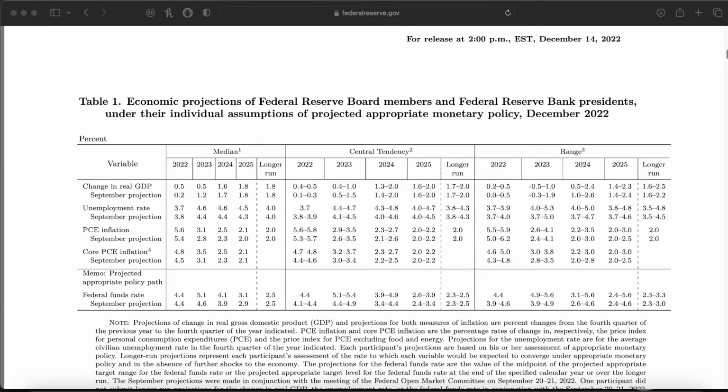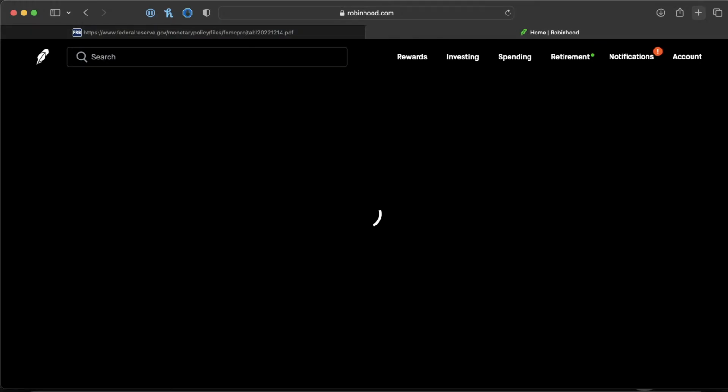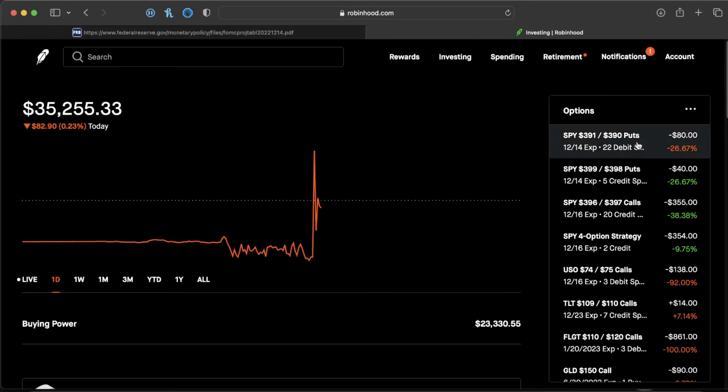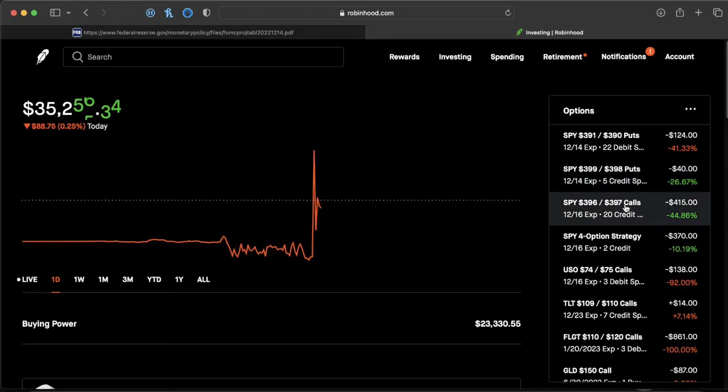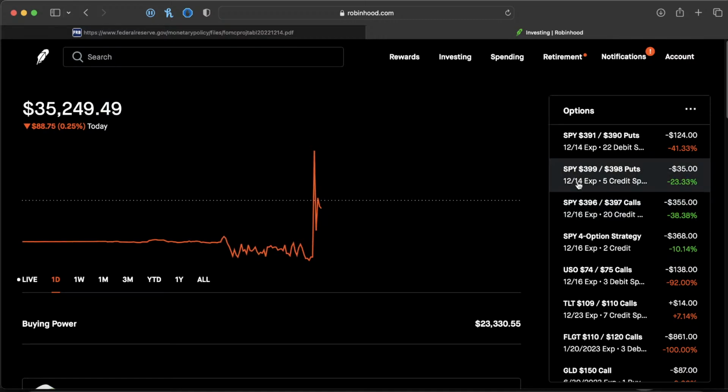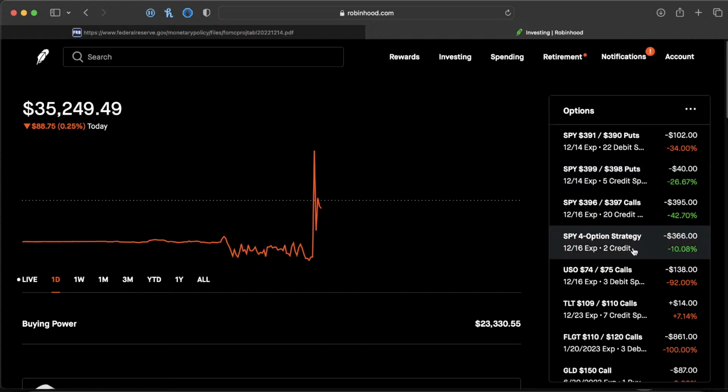This will be a hedge against the bullish position or the bearish positions that I already have open. So y'all already seen all the different bearish positions. I have the 391, 390 put debit spreads. I feel like I'm just naming off different Pokemon cards. I got 390, 391 put debit spreads. I got the call credit spreads, assuming that we're going to be below 396.